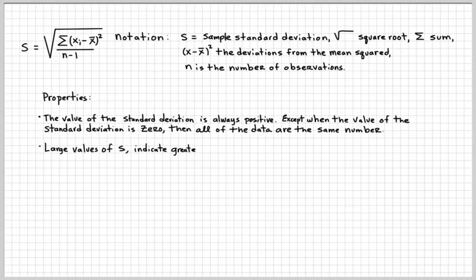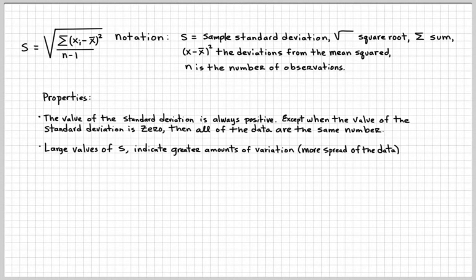Large values of s. Now, some people might think, well, how large does it have to be? Whatever you're studying, you have a sense of what it means to be large, but we'll talk about it a little bit. But large values of s indicate greater amounts of variation, more spread of the data. So what it means is that the data set is more spread out.